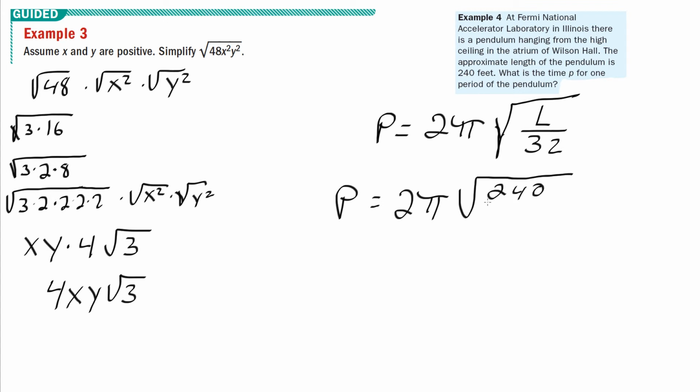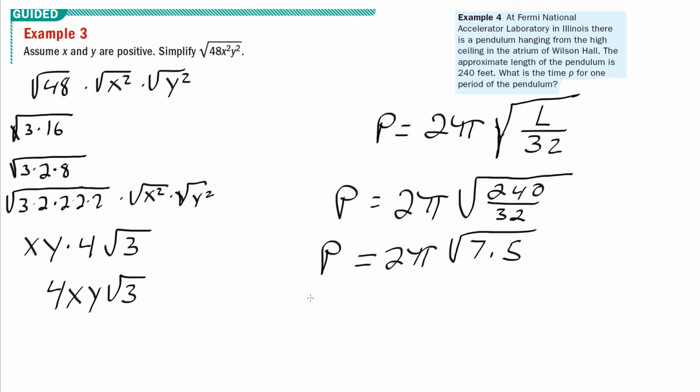So P equals 2 times pi times the square root of, let's see, 7.5. Okay, well, we kind of have our exact answer right there, but that doesn't help us.